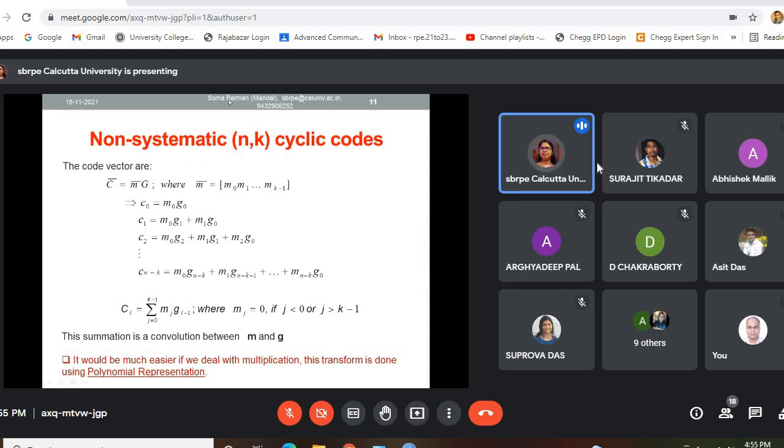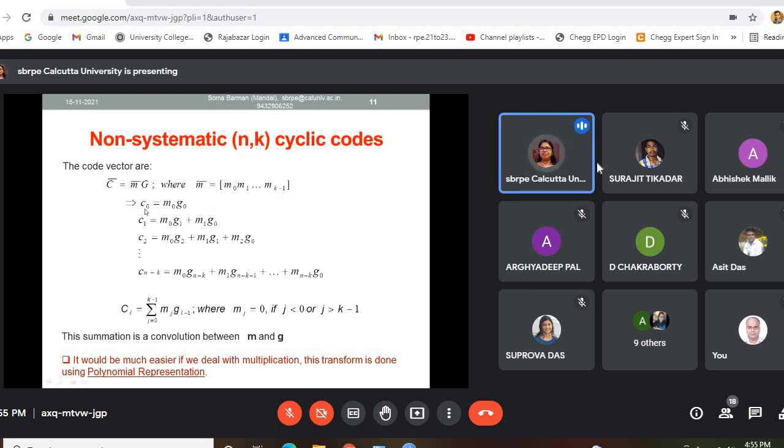The code vector C is generated by the product of the message vector and G, same as block code generation, where M contains M0, M1 up to M(k-1), since the message contains k bits.